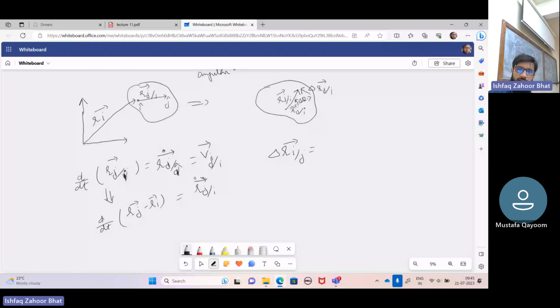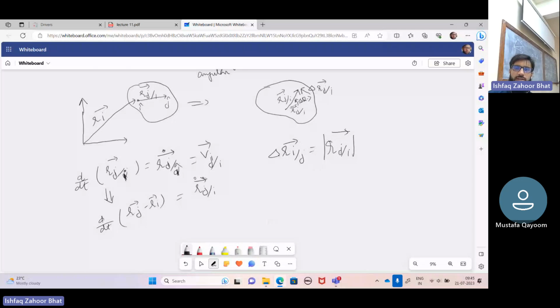If this delta theta is small, we know in a circle the arc is equal to radius times theta. So the radius is this r_ji. This is very important to understand: mod of this is the radius, isn't it? Yes, sir. Okay, so this is the radius.